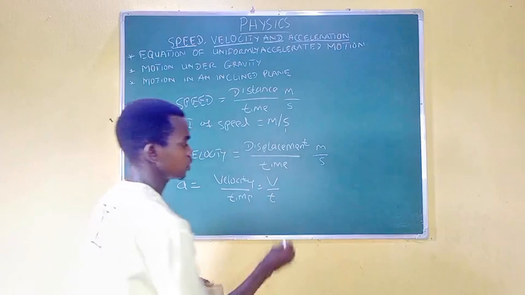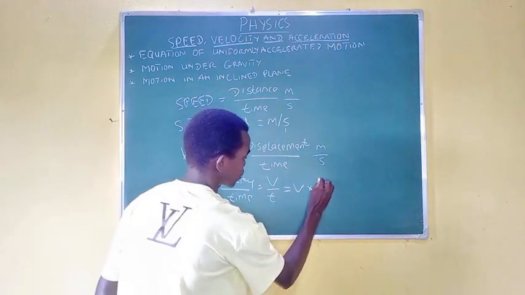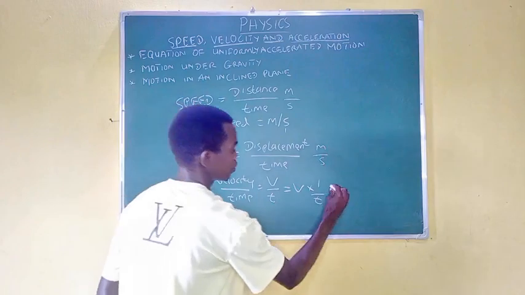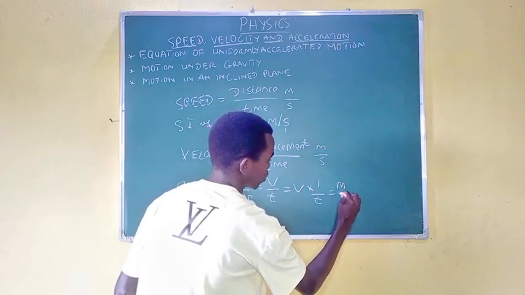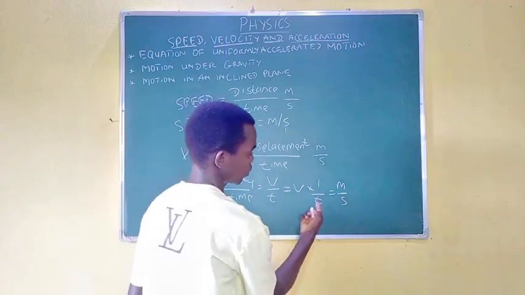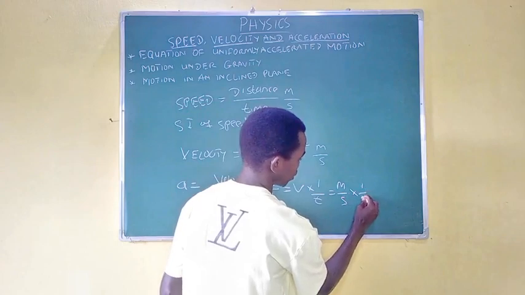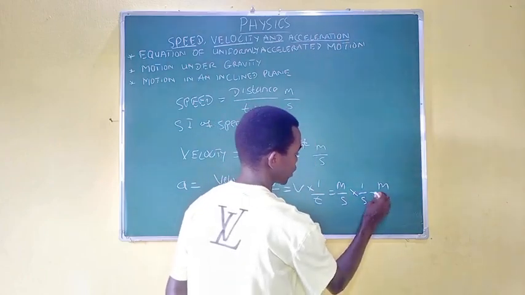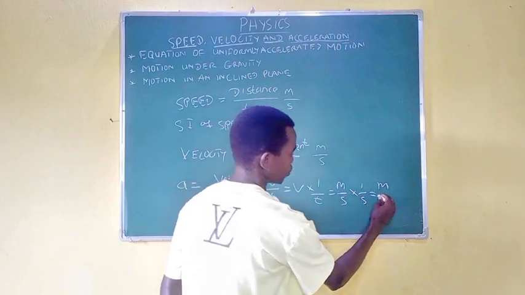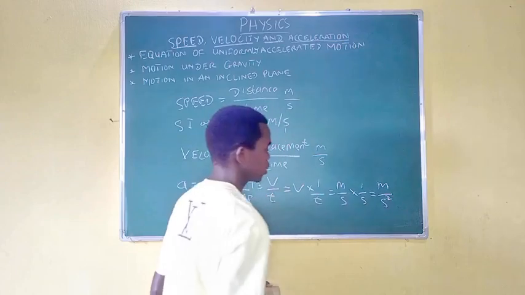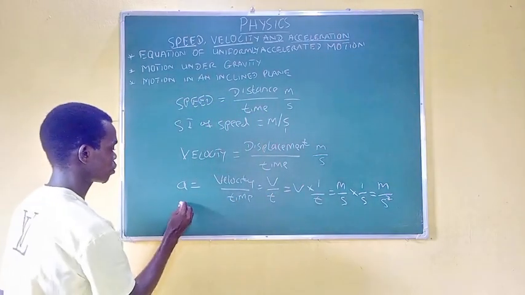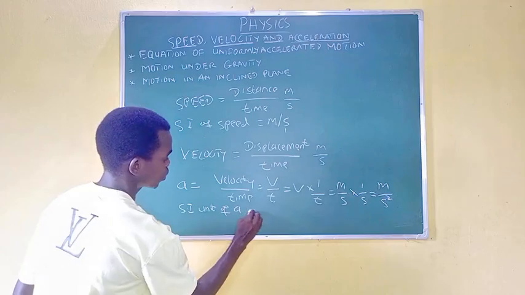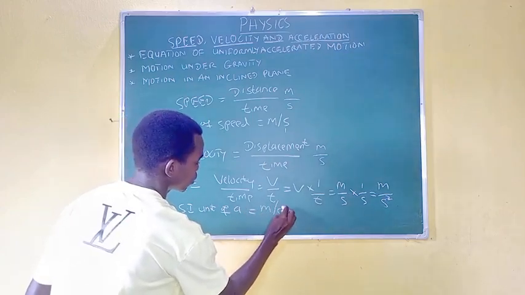This can also be written as v times 1 over t, where velocity is in meter per second and time is in seconds. We now have m times 1 gives you m, which is the meter. s times s will give you s squared, which is second squared. Therefore, the SI unit of acceleration is meter per second squared.